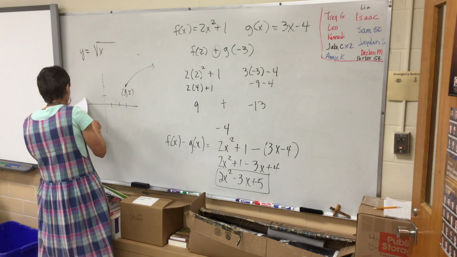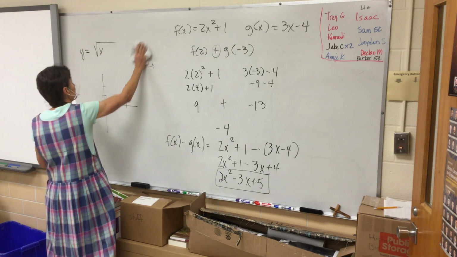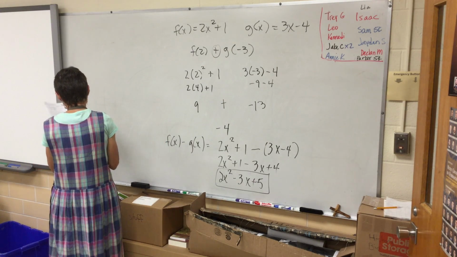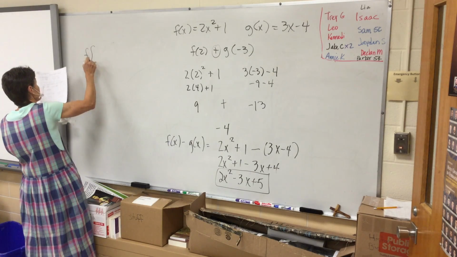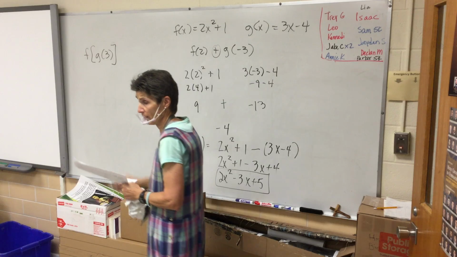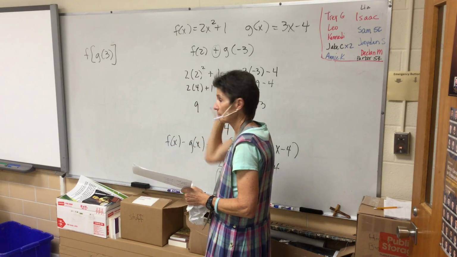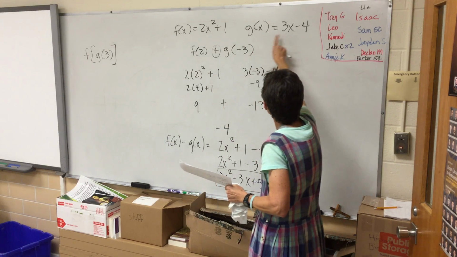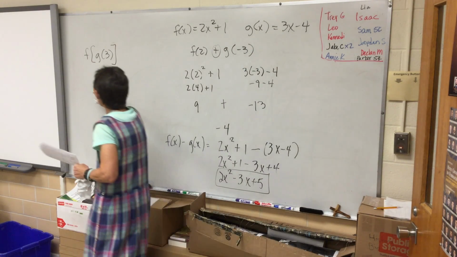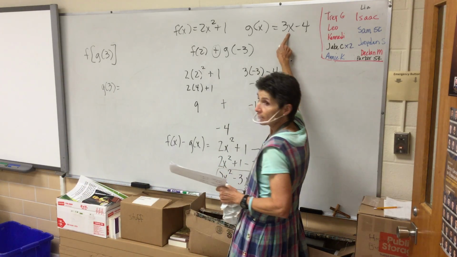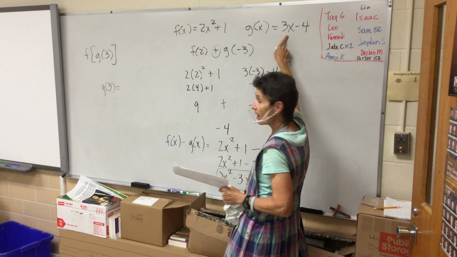C is literally what we just talked about a few minutes ago. Well, you tell me, how do I start this? f of g of 3. What do I do first? Put 3 into g. What do I get when I put 3 into function g? 5.